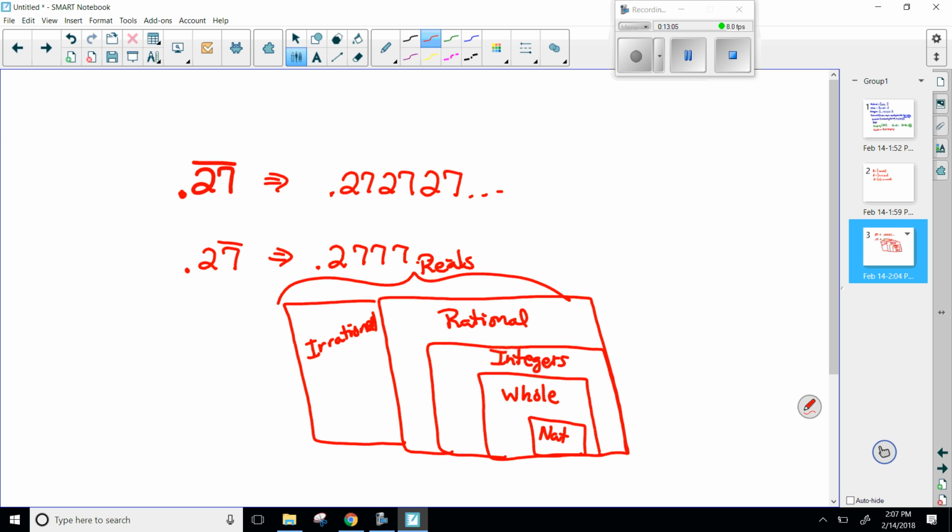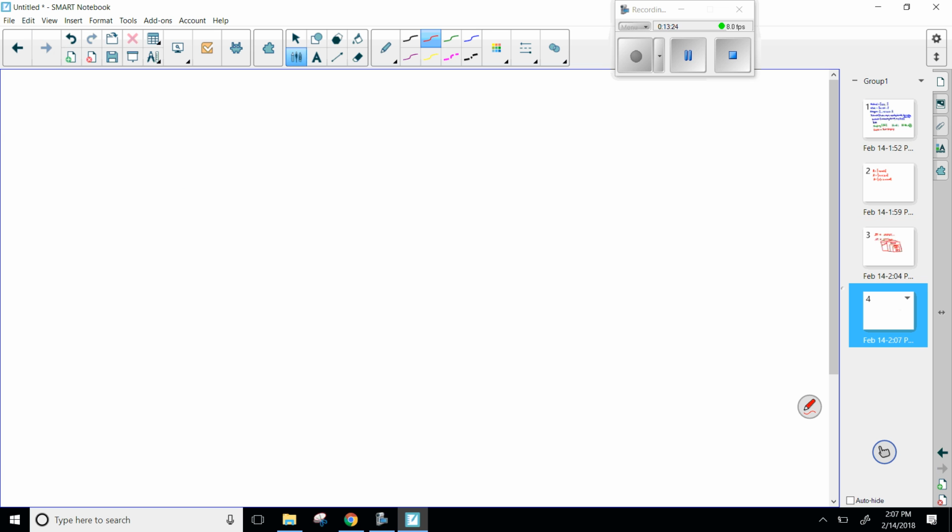If you have a set known as set A, that would be a subset of another set B if and only if every element in A is a member of set B. If and only if. So you're only a subset if all of the members of one set are in the other set.